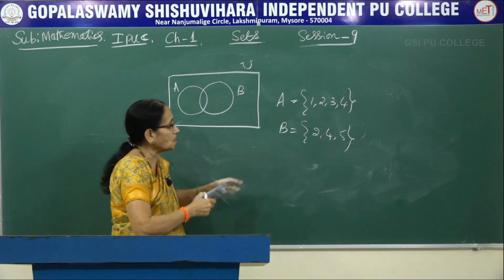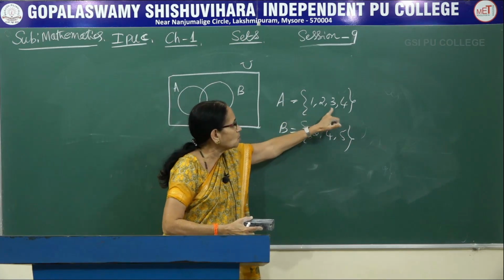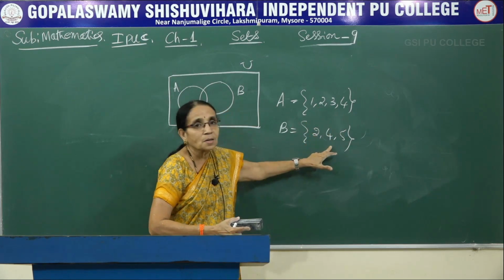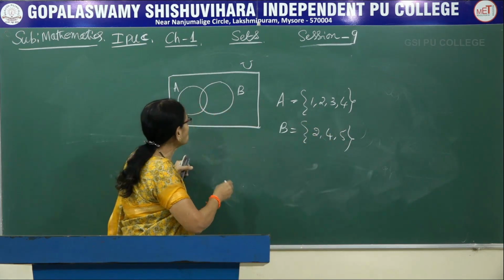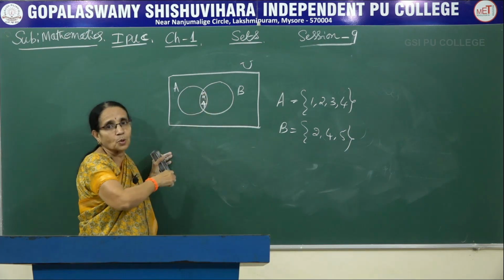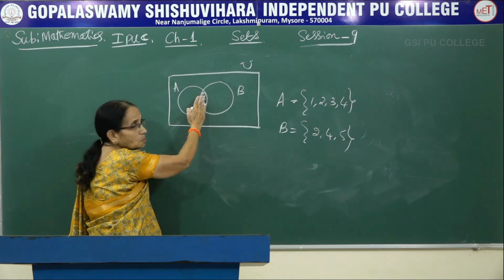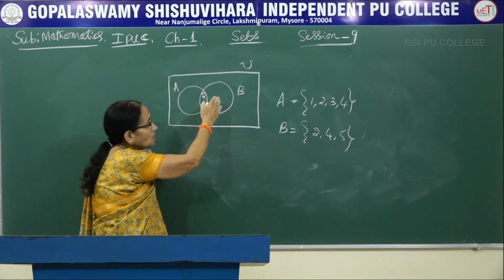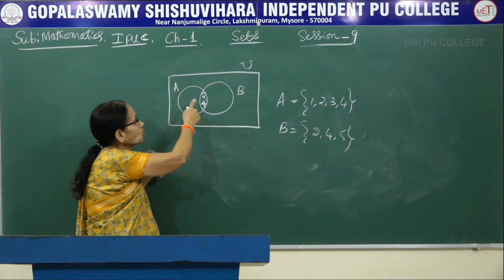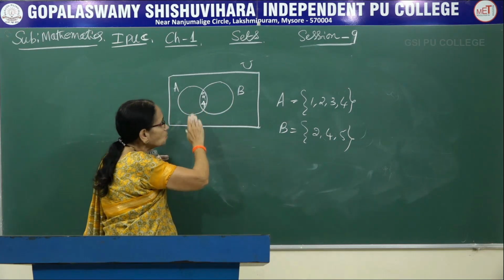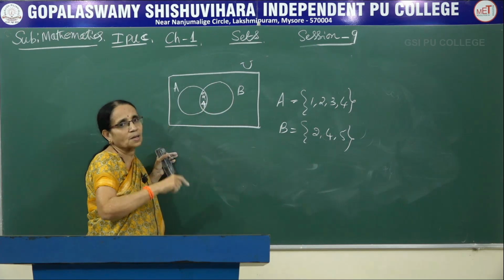Look at the sets here. A has 1, 2, 3, 4, B has 2, 4, 5. 2 and 4 are present in both the sets. So you have to write those elements 2 and 4 in the common portion. This portion in between is present in A and present in B. So when representing geometrically, if there are common elements, you have to draw two intersecting circles.